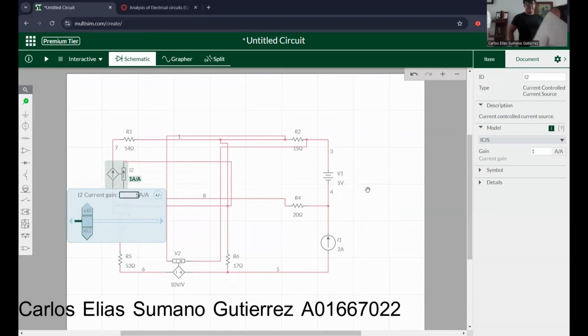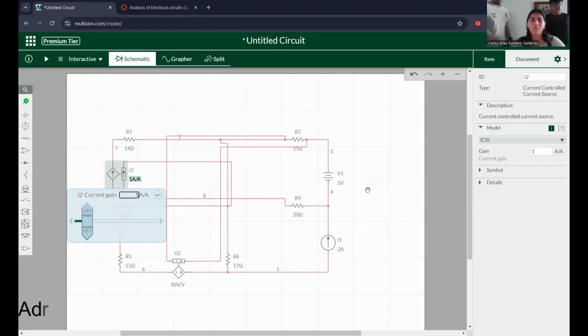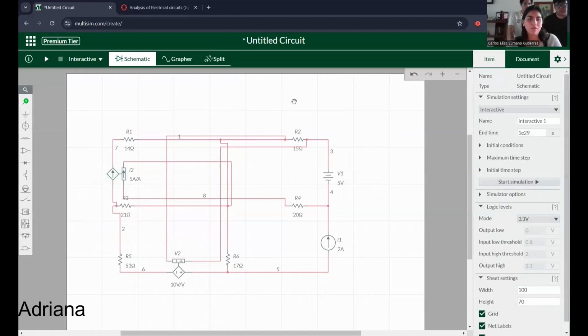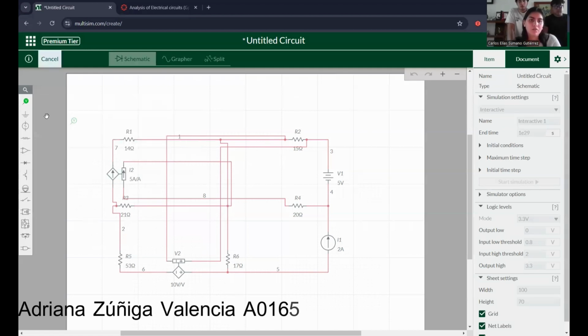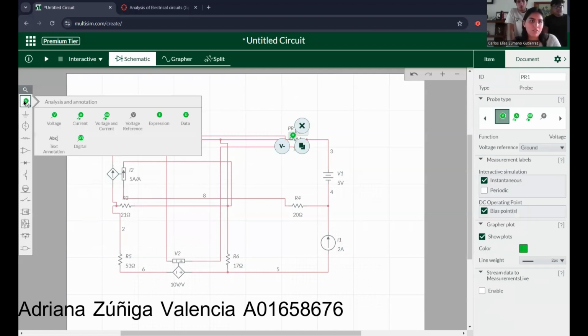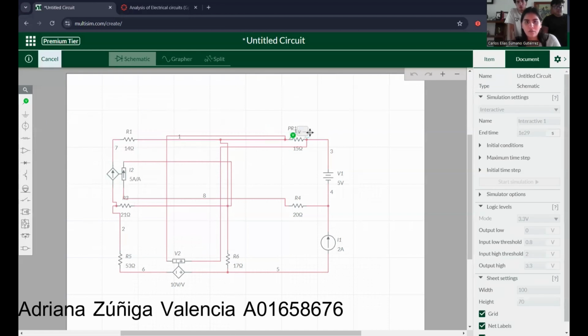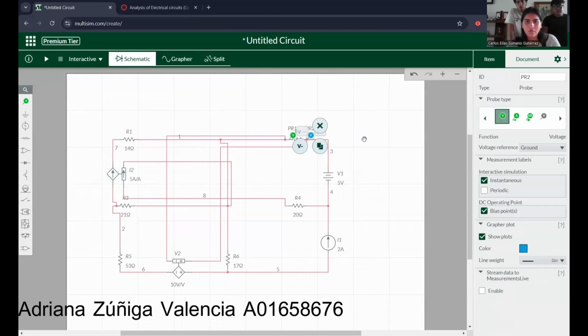Finally, we want to know the value of the voltage passing through resistor number 2, which has a value of 15 ohms. To get that, we put two markers at the ends of this resistor: the first voltage marker and the second voltage marker.